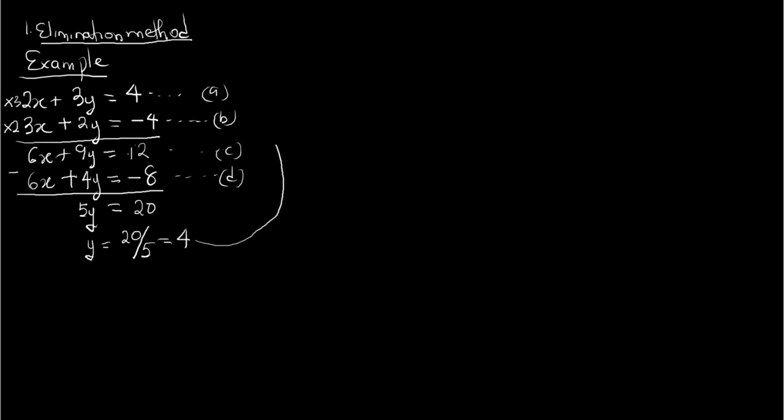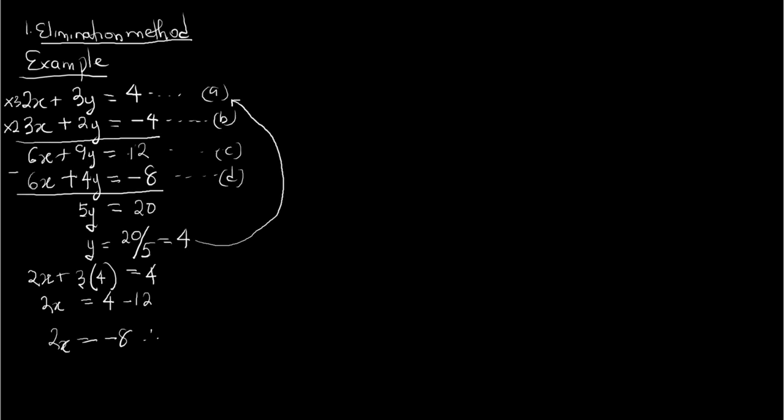Now that we have the value of y, which is one of the variables, we can take that and put it into one of the equations. The easiest is always to go with the first equation. So we're going to have 2x plus 3 times 4, since our y is equal to 4, is equal to 4. Therefore my 2x is going to be equal to 4 minus 12, so my 2x is equal to minus 8.